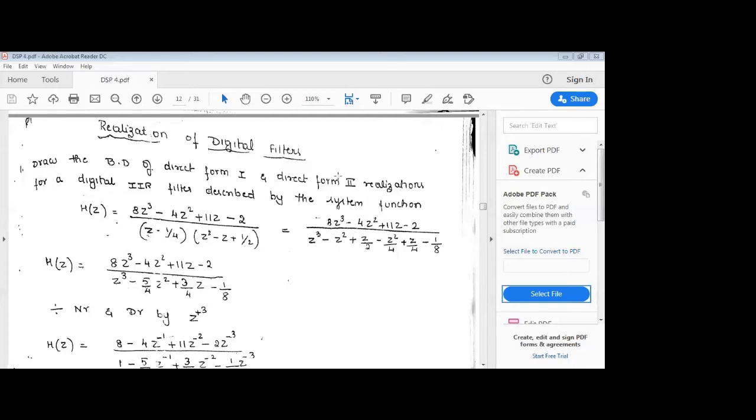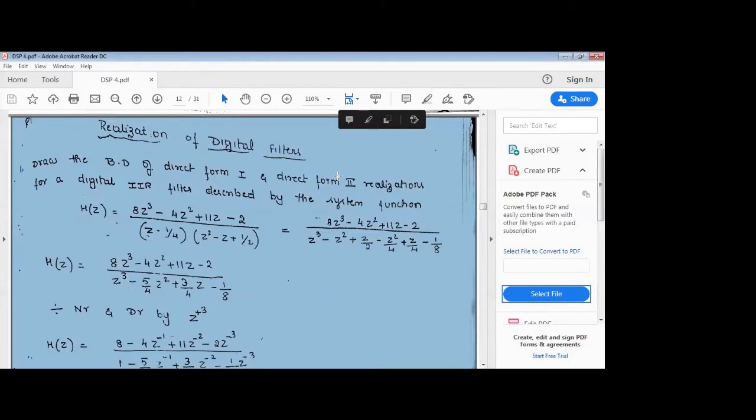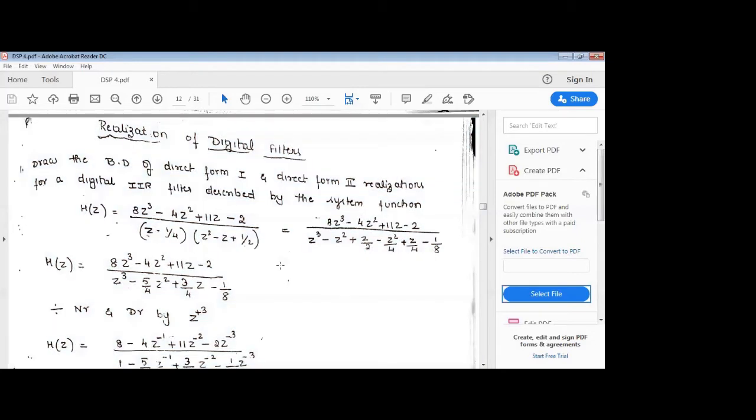Coming to the first structure, we have the direct form 1 structure. In this structure, the given transfer function consists of poles and zeros, and we represent those zeros and poles in the form of a structure comprising digital components.